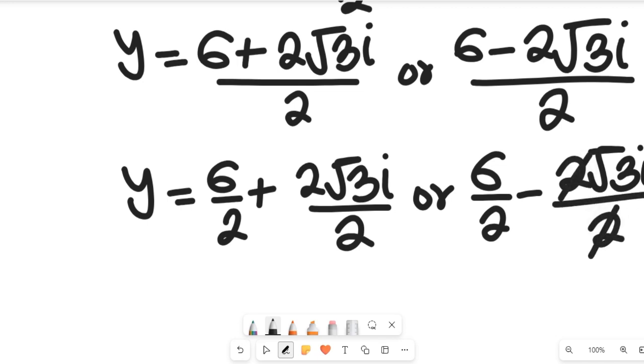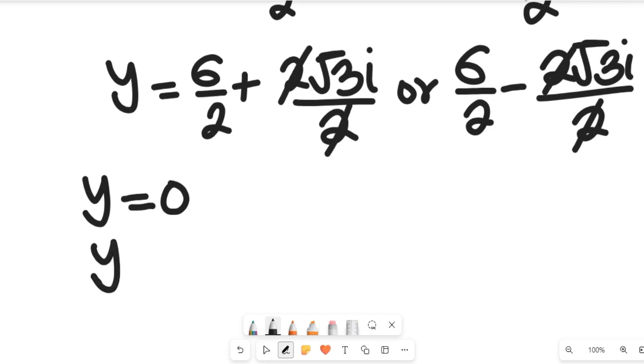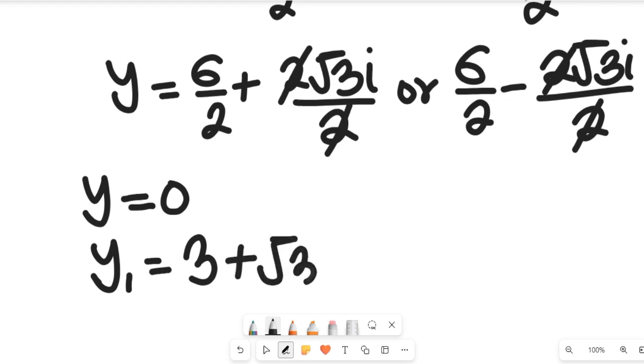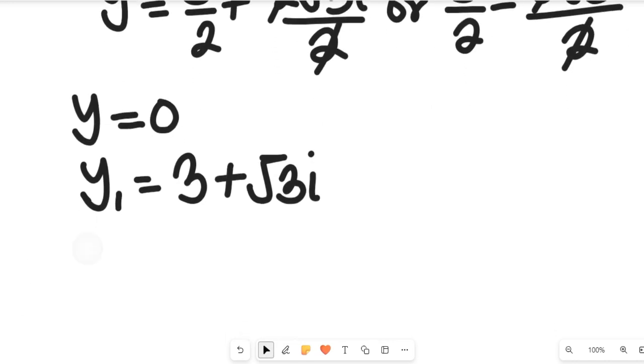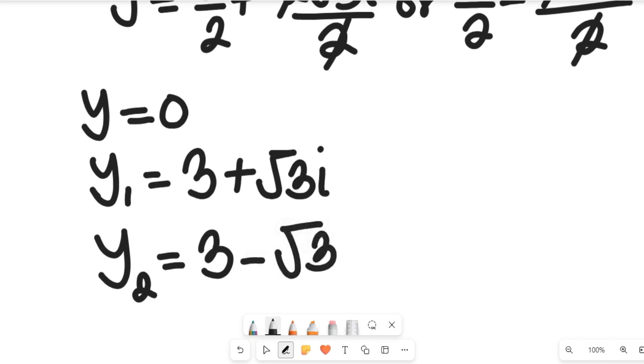While this clears this, 6 divided by 2 is going to give me 3. So the value of our y will be equal to 0, the initial one, and y1 is equal to 3 plus root 3 i, and the third one is going to give us our y2 equal to 3 minus root 3 i.